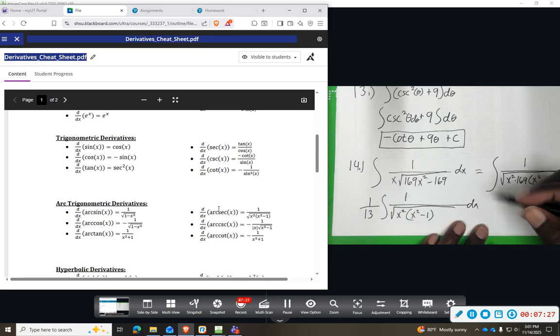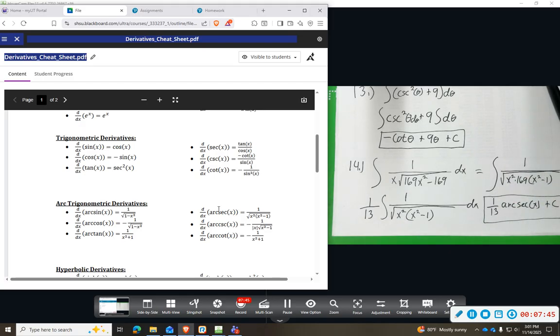So this is equal to 1 over 13 arc sec of the argument x plus c. So this is one of those given ones. You got to do a little bit of manipulation so you can kind of see.